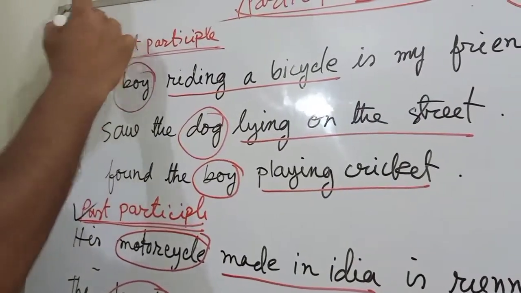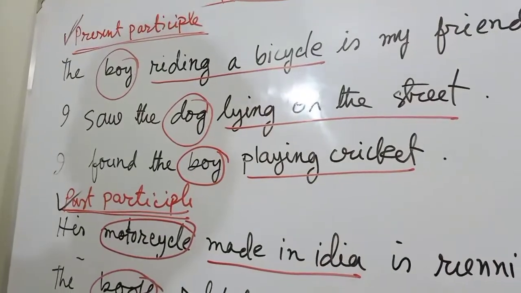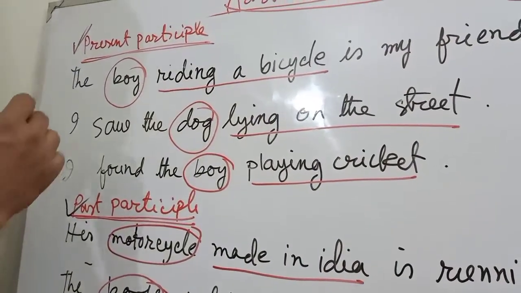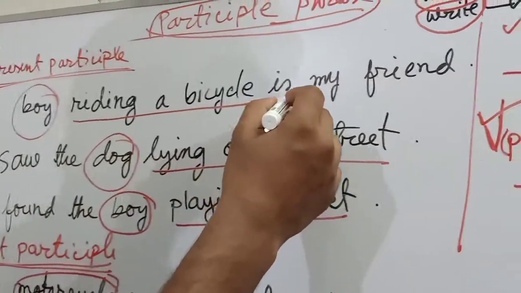How present participle is used as post modifier, you can see the example. First, the boy riding a bicycle is my friend.